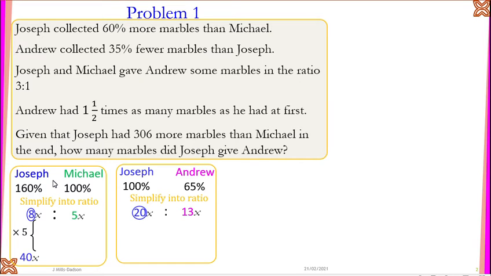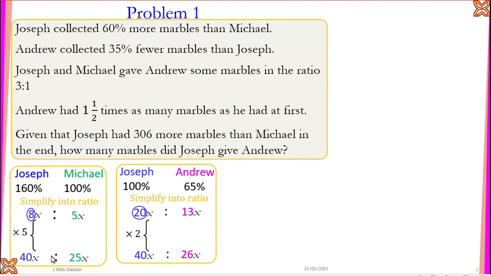So we have 40x is to 25x. When you come to this section, you multiply by 2. 40x and 26x. So you can now know exactly what they had in multiples. So 40x for Joseph, 25x for Michael, and 26x for Andrew.